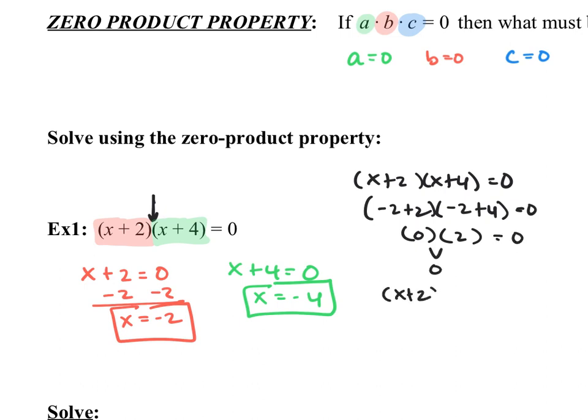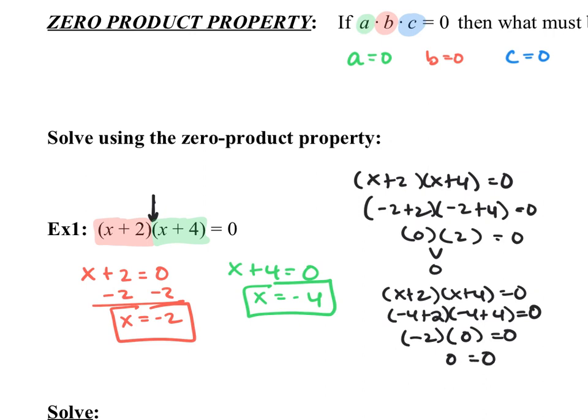Or I could do it again, and this time try it with my second root, which is negative 4. Everywhere I see an x this time, I'm replacing it with negative 4. Oops, I messed that one up. Sorry about that. That was supposed to be a 2. So then I've got negative 4 plus 2 is negative 2, negative 4 plus 4 is 0, and then negative 2 times 0 would, of course, be 0. So you can see that both of these roots, if I were to replace x with those numbers separately, would produce an answer of 0.